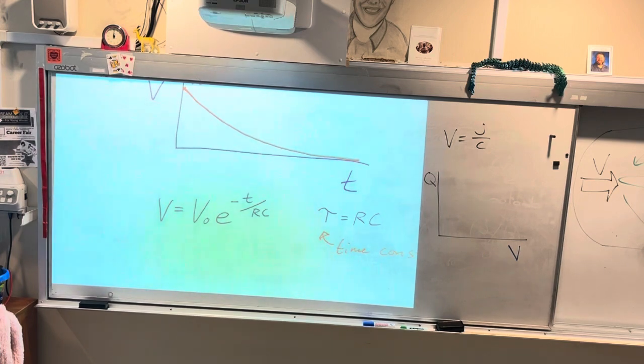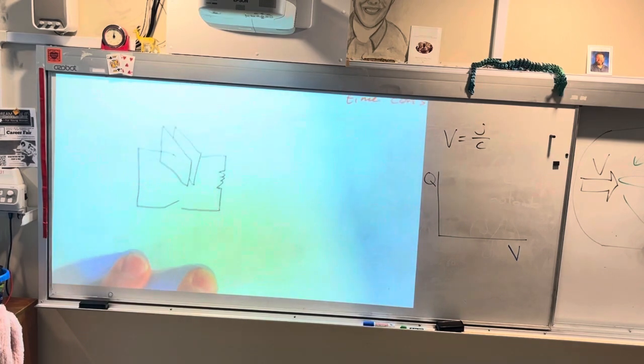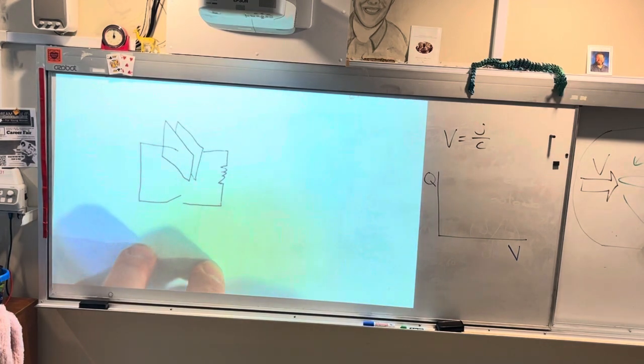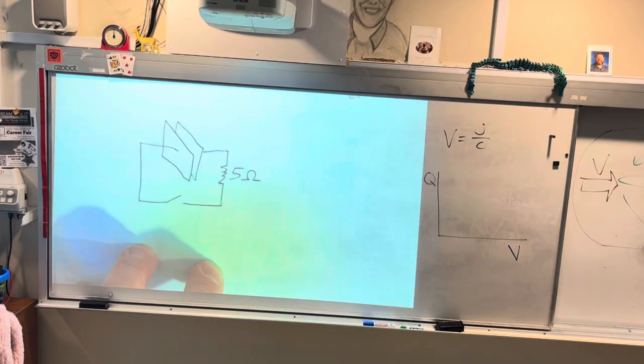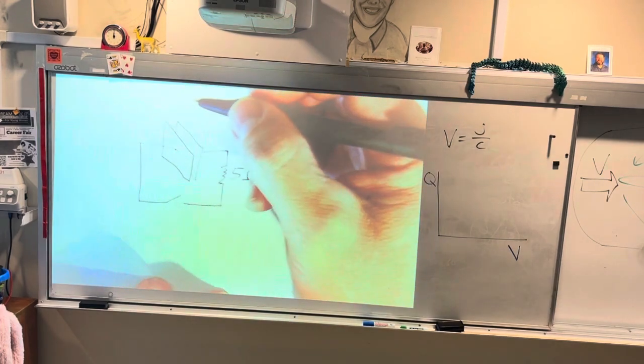So let's do a little example. Let's say you have a capacitor. I'll draw the plates here, and you've got a switch in it. Draw that little circuit on your page. Let's say this is a 5 ohm resistor, and let's say we start with 10 volts.